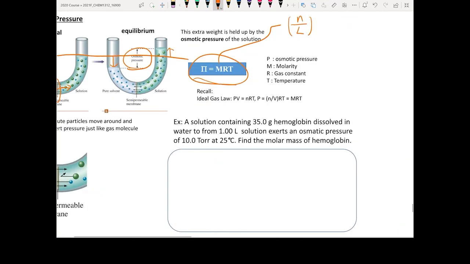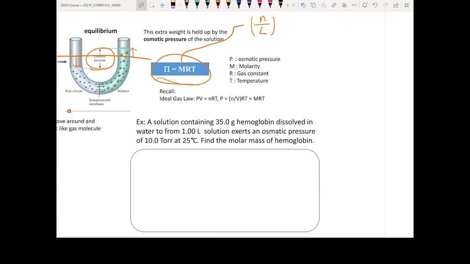R, in this case, is the gas constant. It's very important that you use the correct R, otherwise you will never get the correct answer. The R is 0.08206, with the unit of liter atm per mole Kelvin. Many students use 8.314, which has the unit of joule per mole Kelvin.